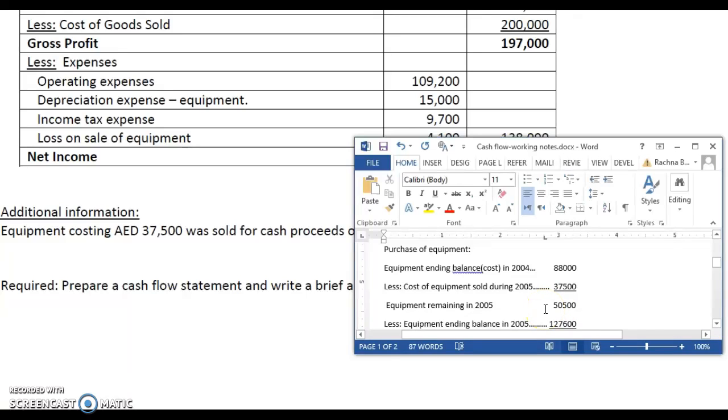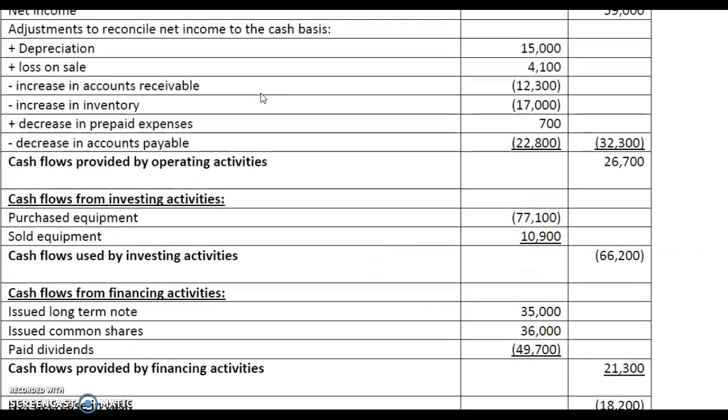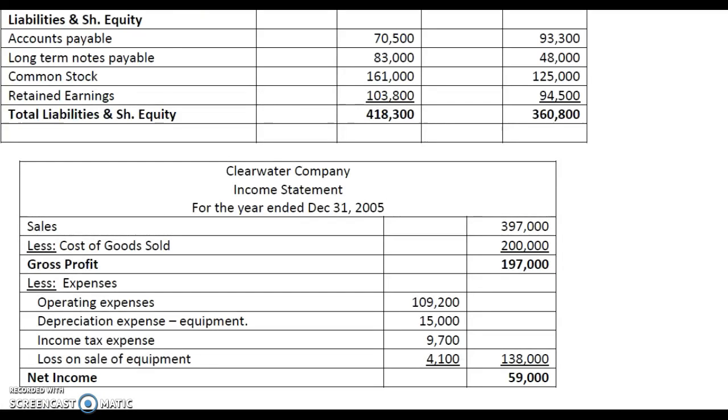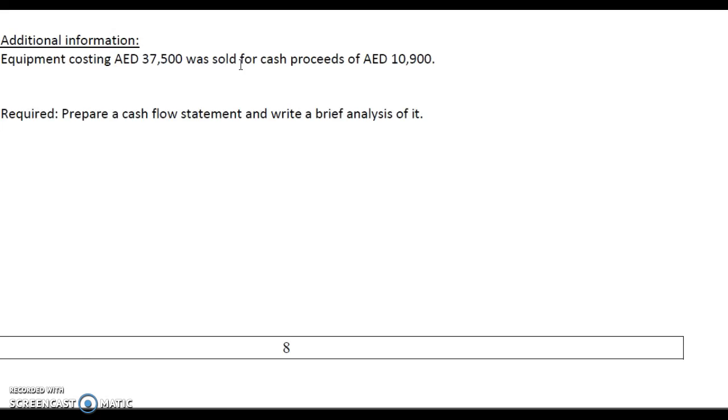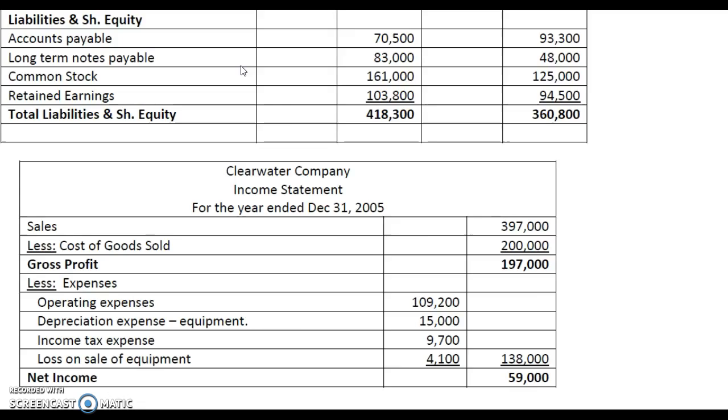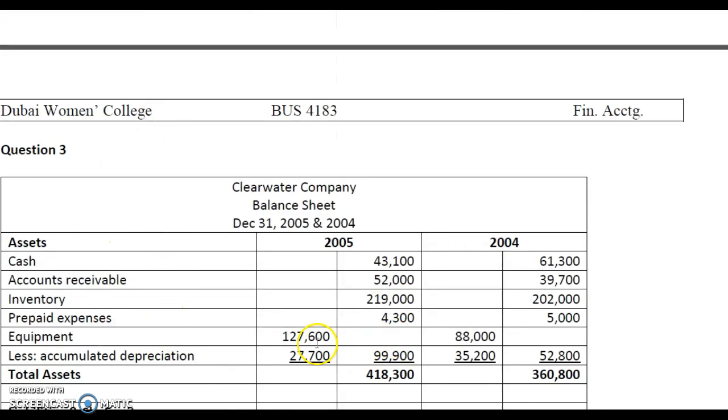The equipment remaining in 2005 was 50,500, but the cost of the equipment at the end of 2005 is 127,600.